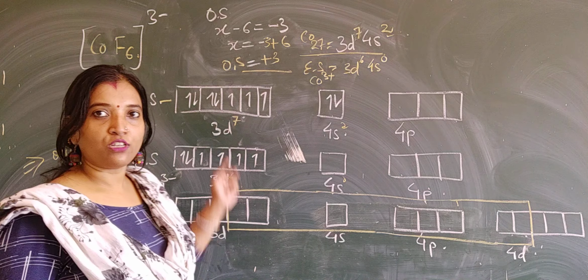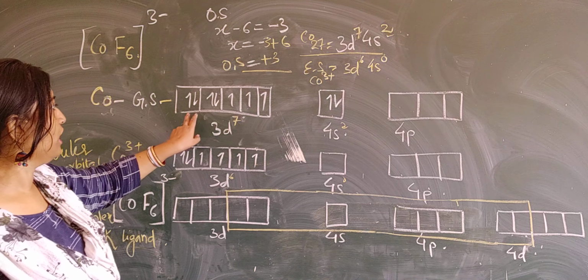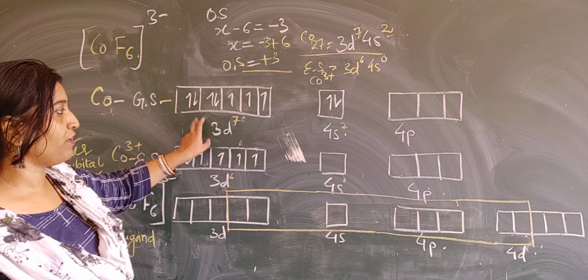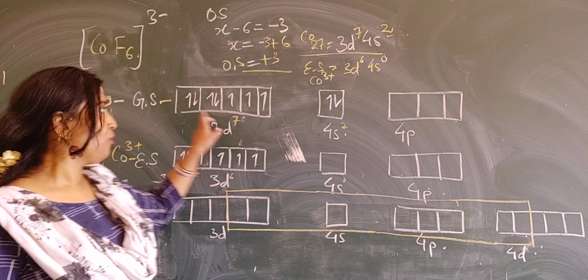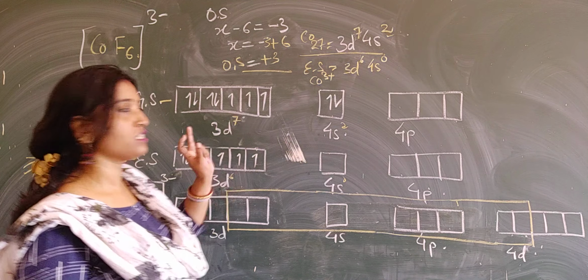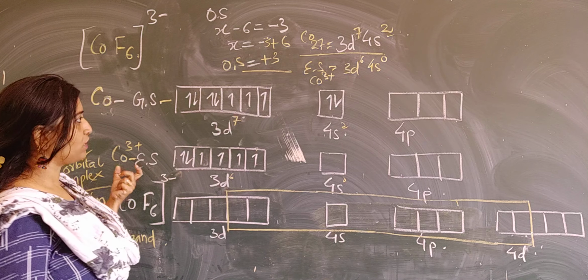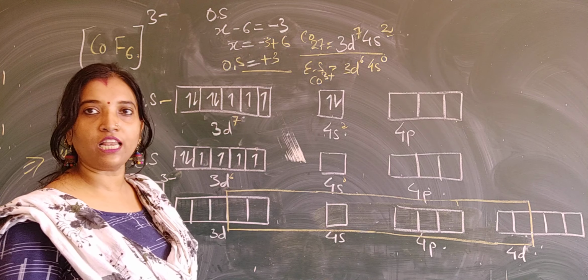So let's compile all this and draw the diagram. First, the ground state configuration we have drawn. This is the 3d7 and 4s2. Understood? 1, 2, 3, 4, 5, 6, 7. 3d7 and here 4s2. This is the ground state configuration. Now the excited state. We will remove 3 electrons.